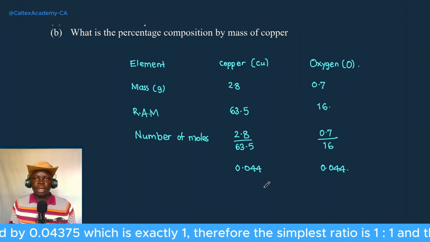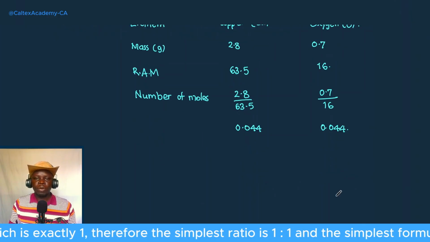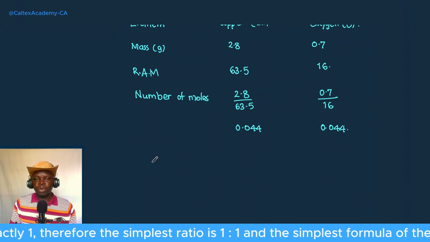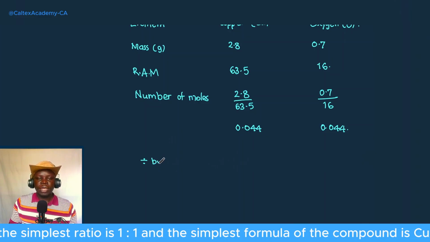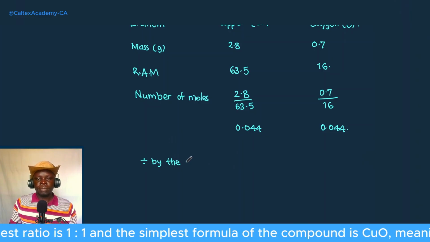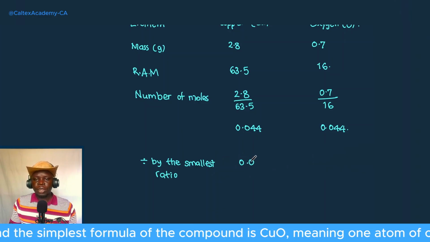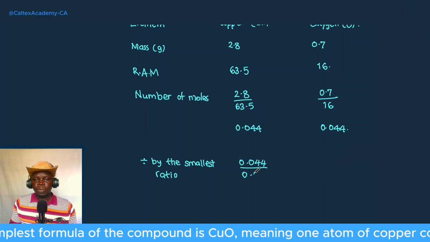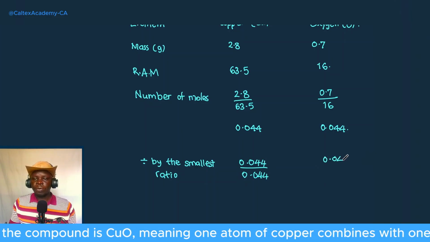Where is that 1 coming from? So let me show you an extra step, which if you're already an expert, you can decide to ignore. So we normally say divide by the smallest value. Now here, they're the same, so we divide by itself. 0.044, also 0.044.